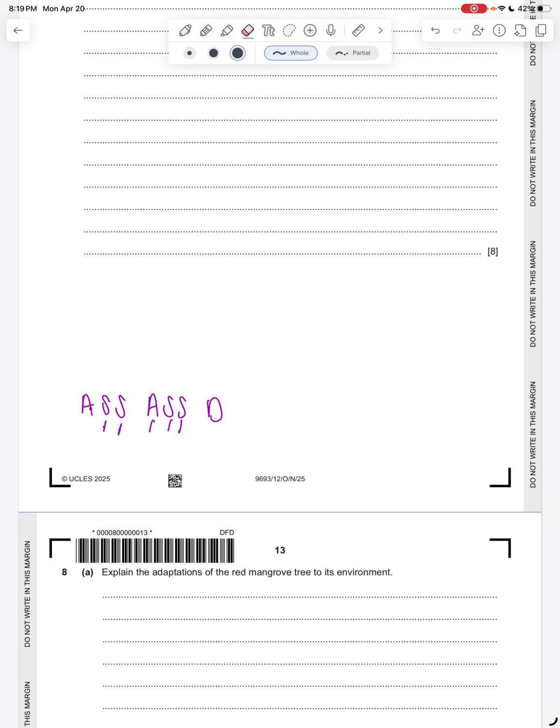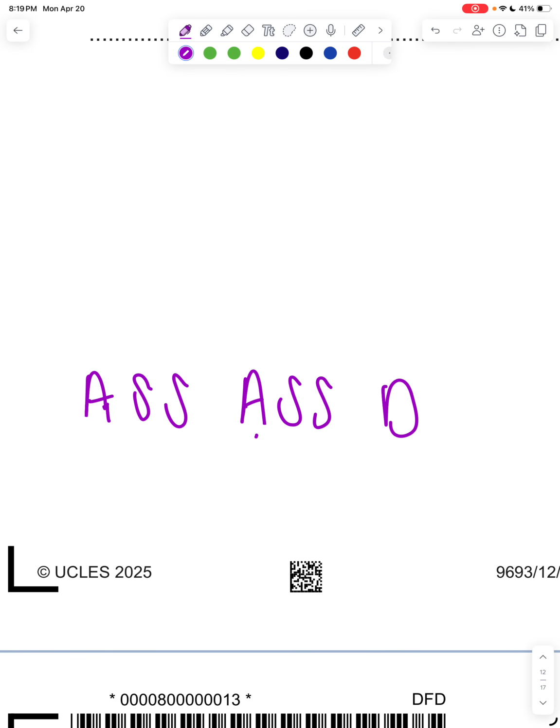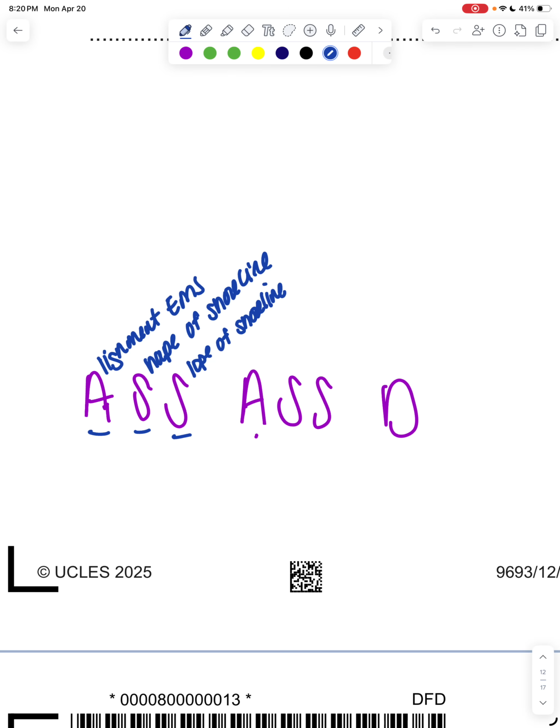This is for our tides. Factors that affect tidal range. What do they stand for? Okay, this one is going to be alignment of the Earth, Moon, and Sun. So if it's at 90 degrees or 180, is it a spring or a neap tide? Shape of shoreline. Sharp slopes. Slope of shoreline. And this first S, the shape of the shoreline, can also be the coastline.